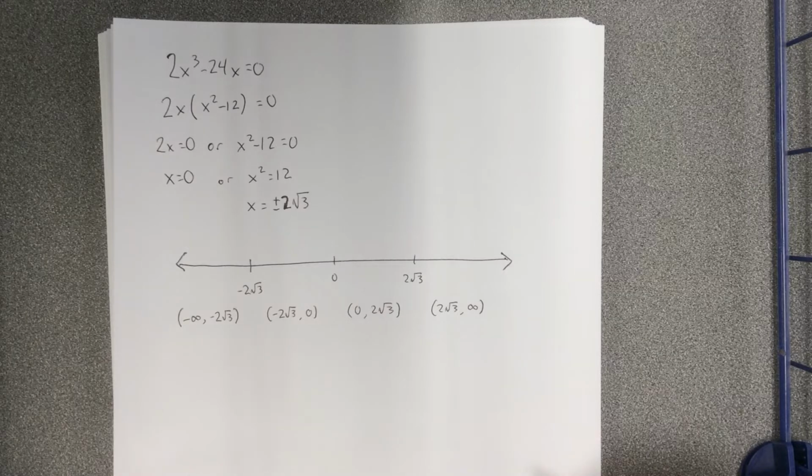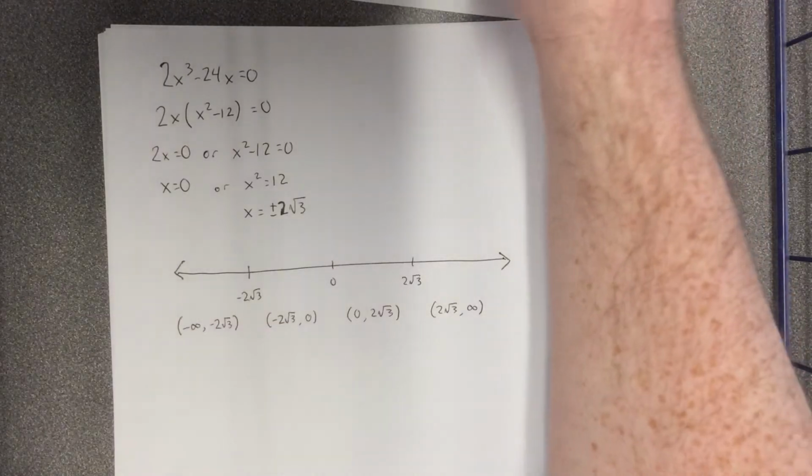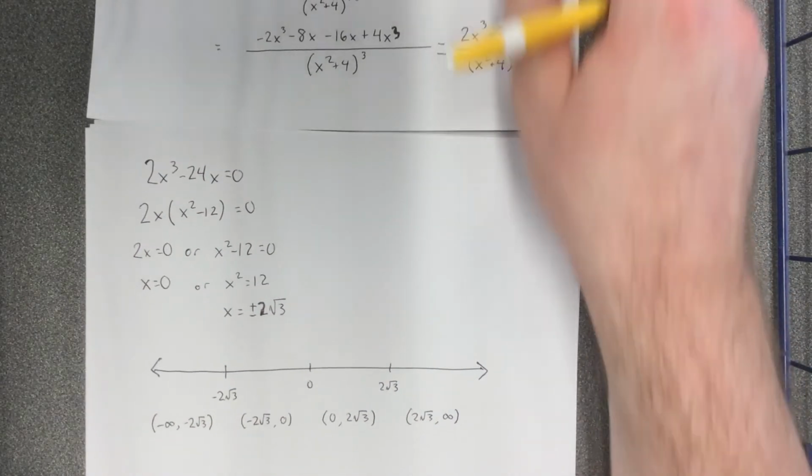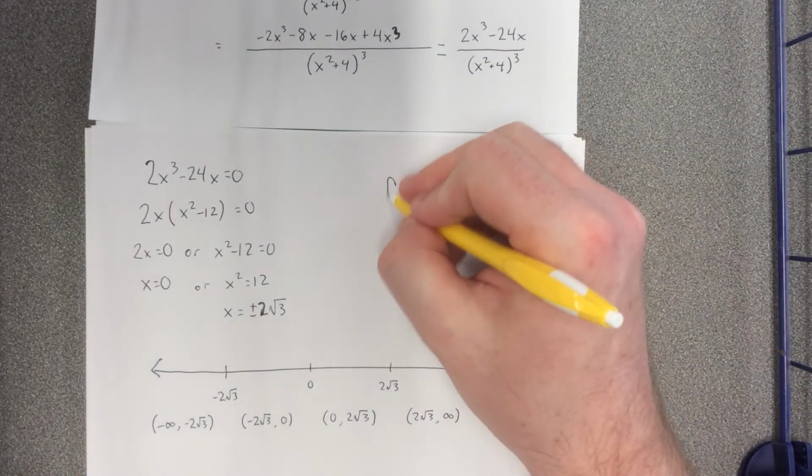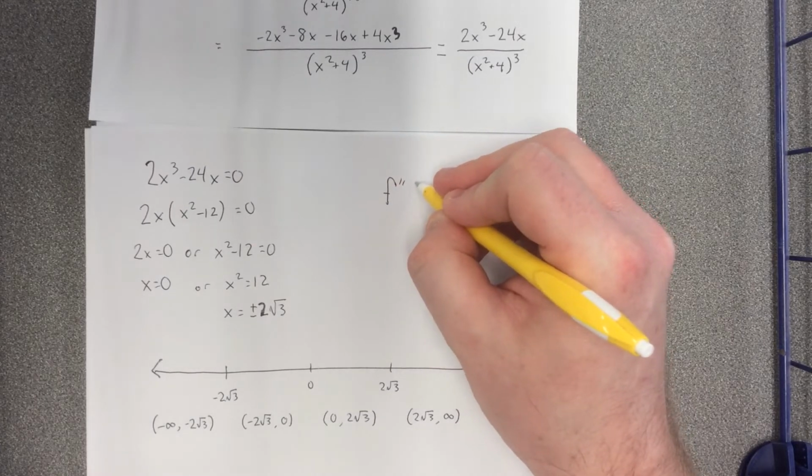I want to test all of these intervals, and we will be plugging them back into our first derivative that we got back here. You know what, why don't I go ahead and recopy that so that we don't have to keep referencing back to it.